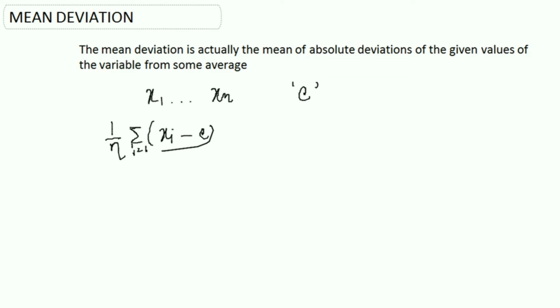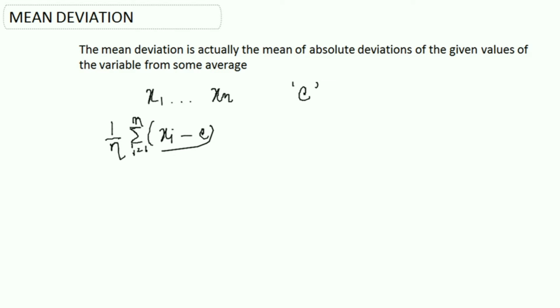But we can see that, as c is an average, some xi will be less than c and some xi will be greater than c. So when we sum all these values, we get a smaller value than the actual deviation. To overcome this problem, we just take the magnitude of the values.